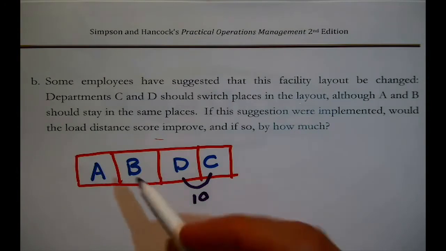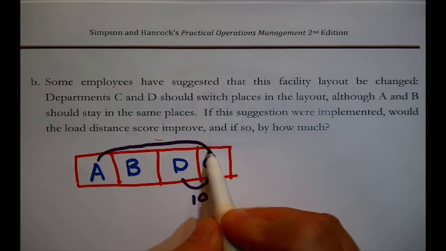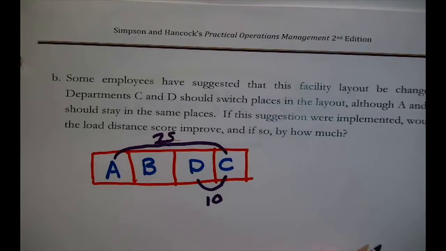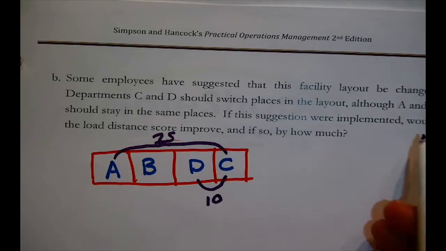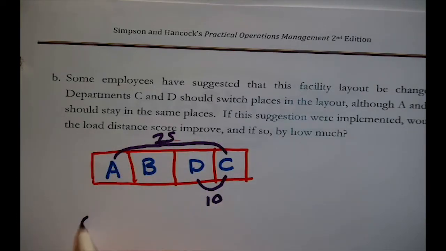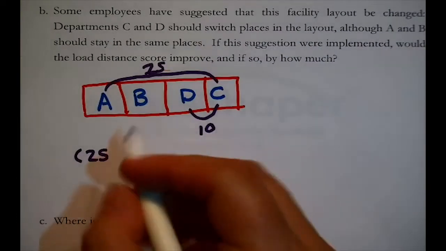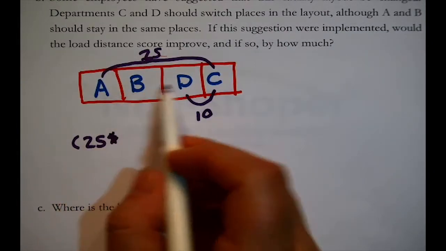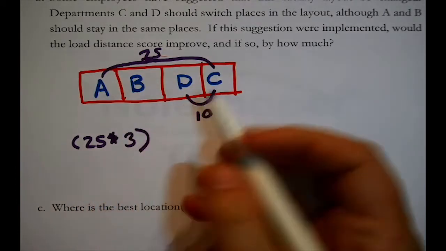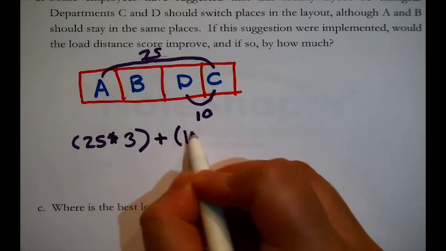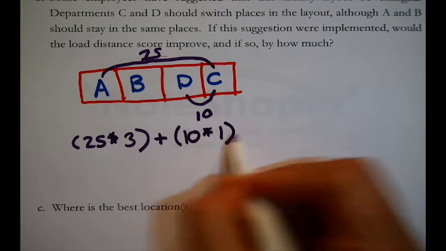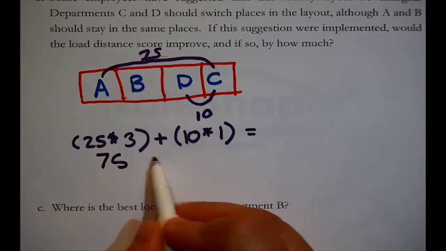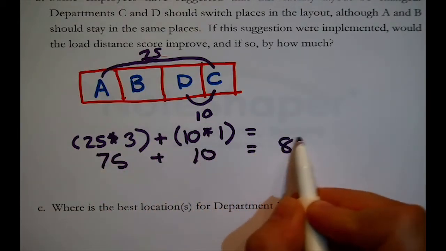In this layout, those 25 people are basically going the length of the building. So the load distance score is 25 times, now what's the distance? 1, 2, 3. 25 times 3 is 75, plus there are still these 10 people only going 1 department over, so 10 times 1. 75 plus 10 equals 85.